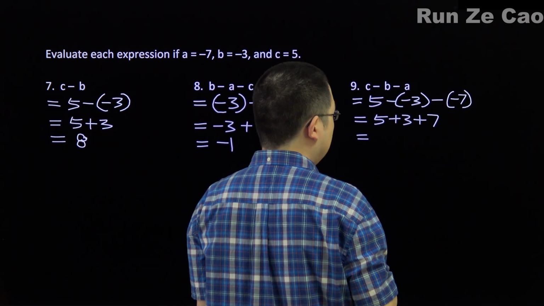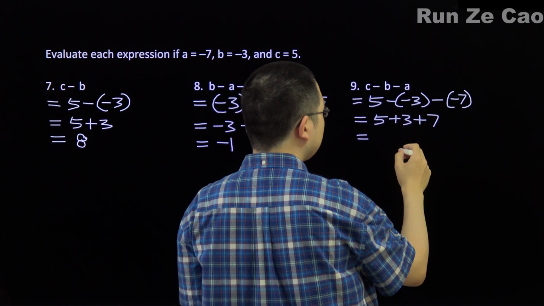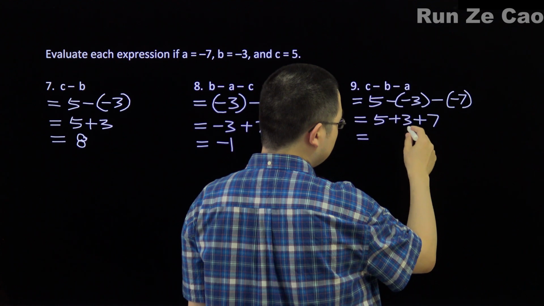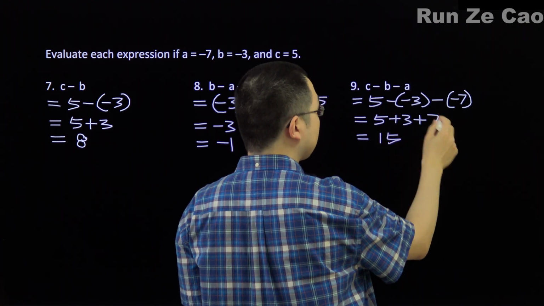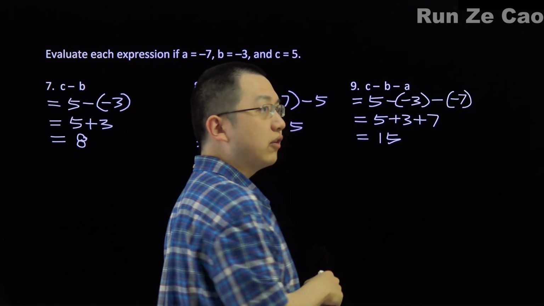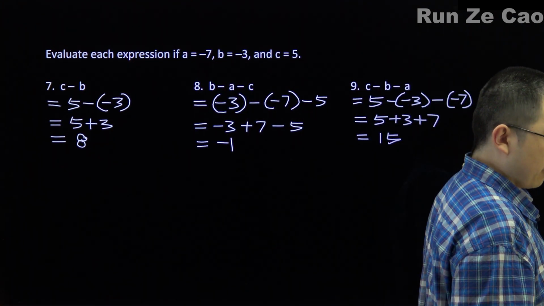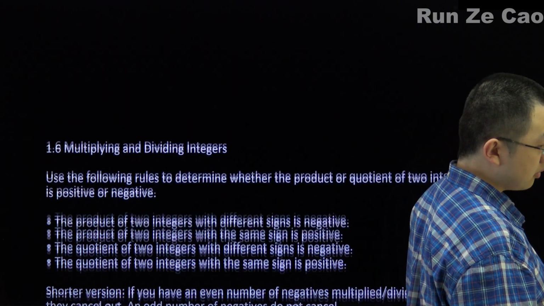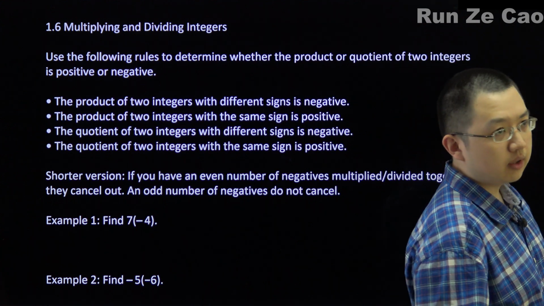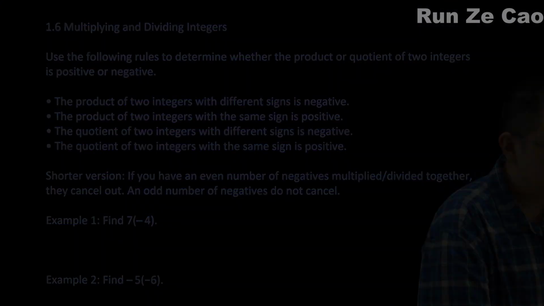So that means you're looking at 5 plus 3, 8 plus 7. 8 plus 7 is 15. Or you could have gone with 3 plus 7 is 10 and plus 5 is 15. Because of the properties of addition and subtraction. Because what is subtraction but adding the additive inverse?